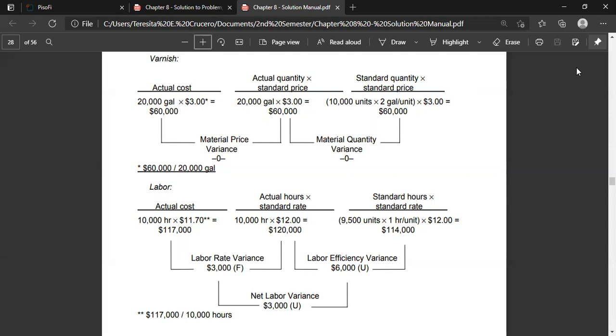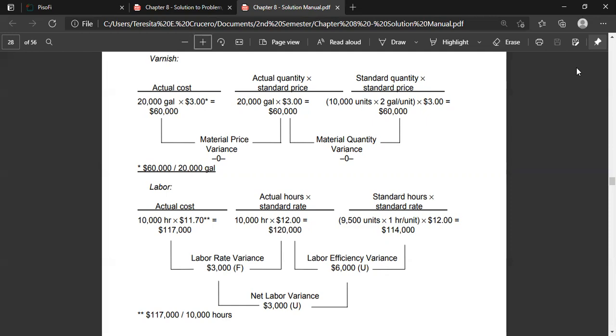Now, for labor, we have the actual cost of labor, 10,000 hours here multiplied by 11.70, taken by 117,000 because of direct labor divided by 10,000 hours. So we now get 11.70, the actual cost of labor of 117,000.